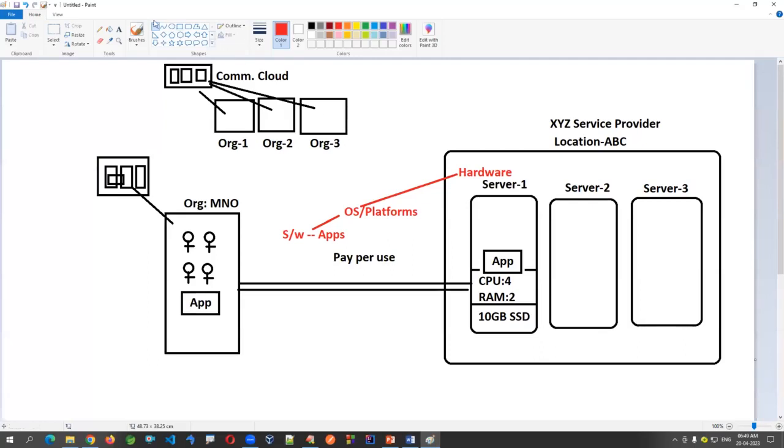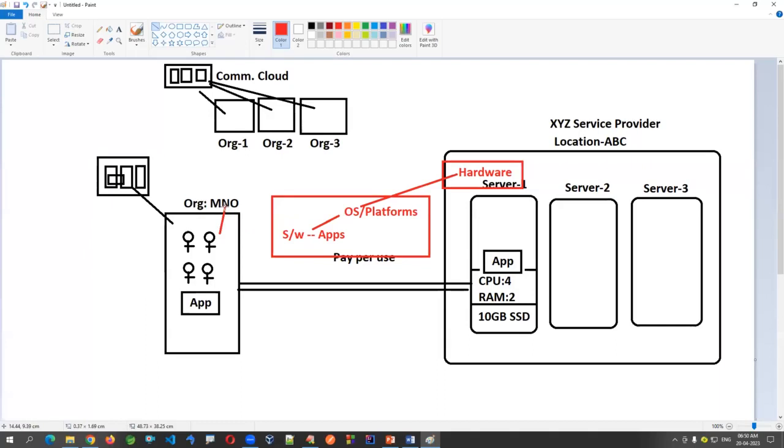In the same way, an organization can buy only hardware from the service provider, which is actually a rental. Or else they can take hardware plus platform or OS, and then on top of that, they can install the application. See, combination one, they can buy hardware and install the other two themselves. They say, I'll take care of platform and apps.